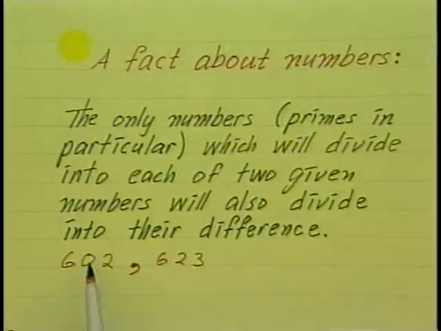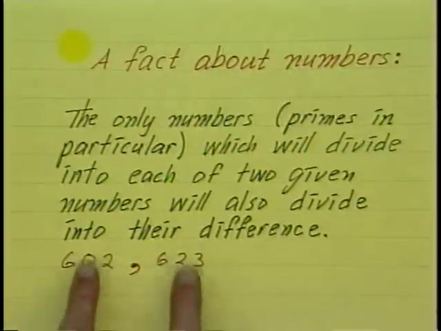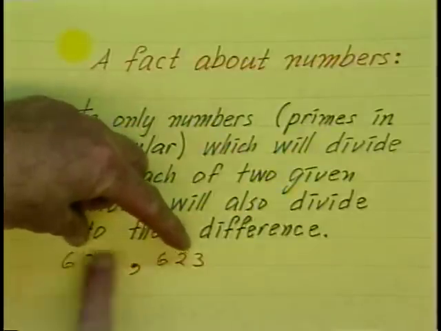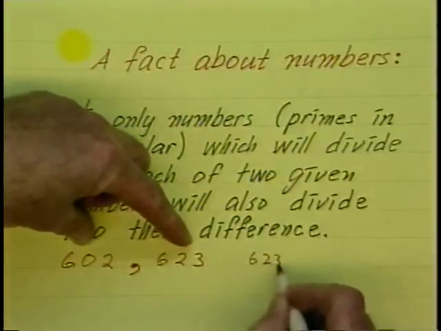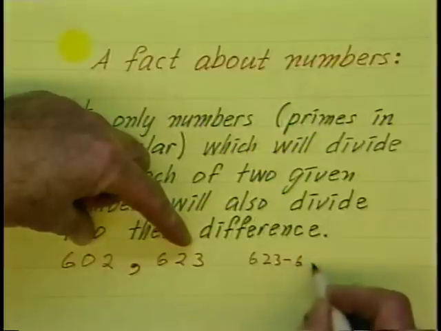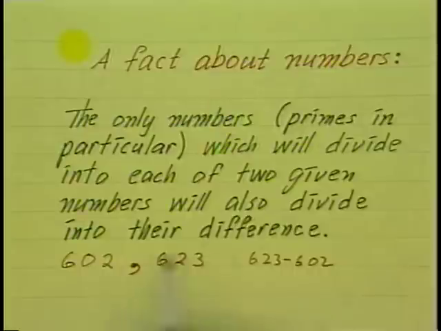An example, consider these 2 numbers. And let's say we're curious about what number will divide into both of them. Note, they're fairly close to each other in size, so it's easy to determine their difference. And in this case, it makes no difference which you subtract from which. And the difference, of course, is 21.